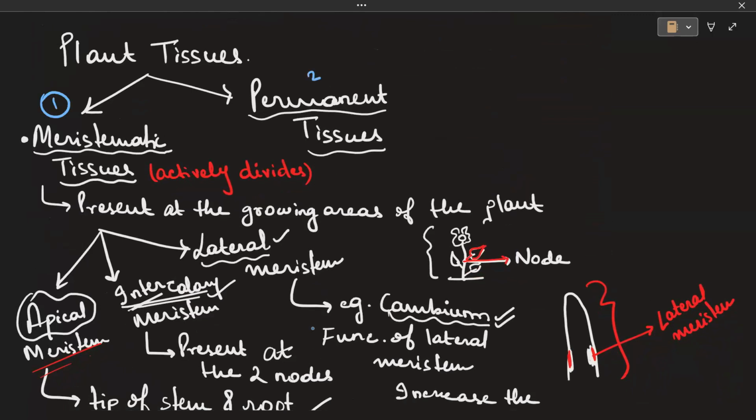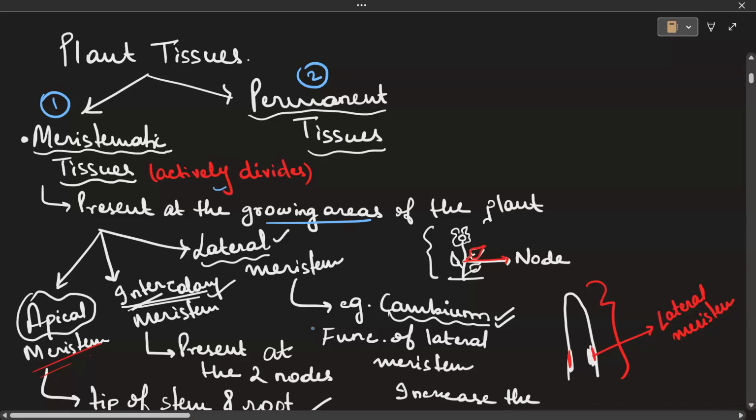The second type is the permanent tissue. Meristematic tissues are the tissues that are actively dividing. They are always dividing. Those tissues that are present at the growing areas and are actively dividing are known as meristematic tissues.